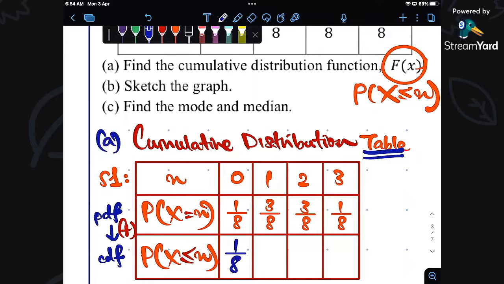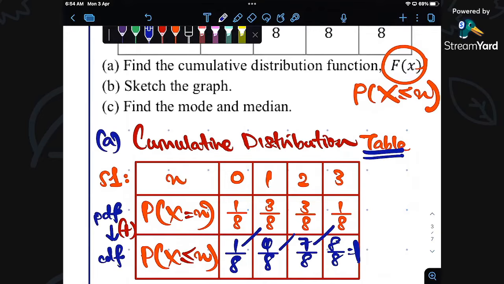So we will start from 1/8, and then we add it down, we will get 4/8. Add again, we will get 7/8. And then we add them, we will get 8/8, which is 1. All right, so as long as you get the 1, the total probability, you will be fine.